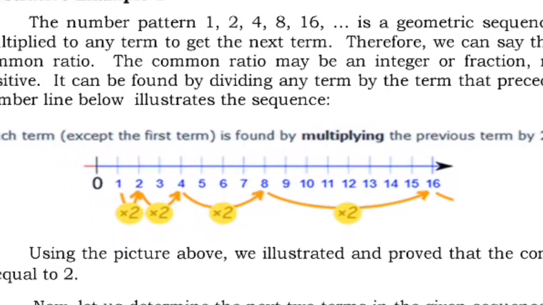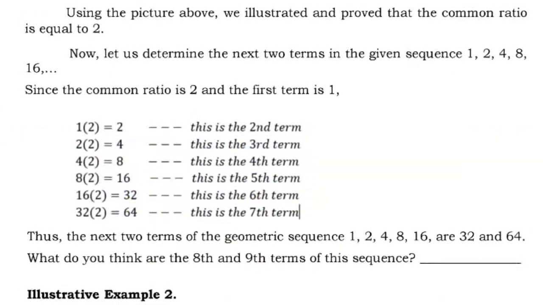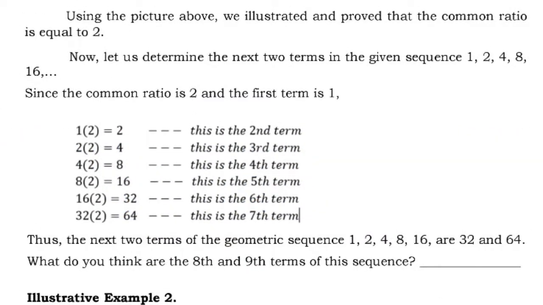So dito makita natin, first term 1, then times 2, that will be 2, the second term, then times 2, the third term is 4, then times 2 na naman, then fourth term is 8, and so on. Okay? So ito ay isang example or halimbawa ng geometric sequence. Now, let us determine the next two terms in the given sequence 1, 2, 4, 8, and 16.